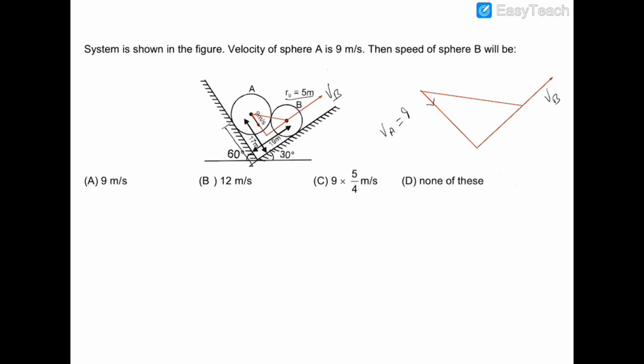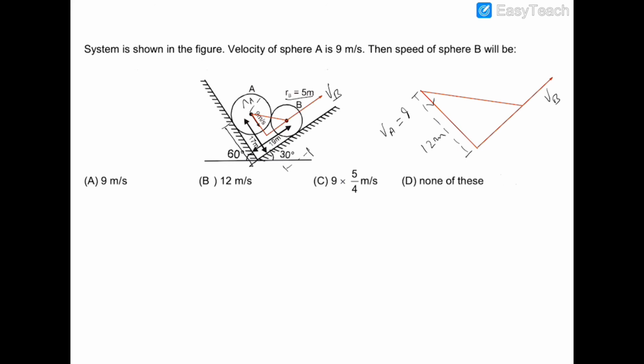Okay, so let us suppose that the radius of ball A is RA. The length of this side of the triangle will be 17 minus RB. RB is 5, so this length will be 12 meters. Now this other length will be equal to 19 minus RA.